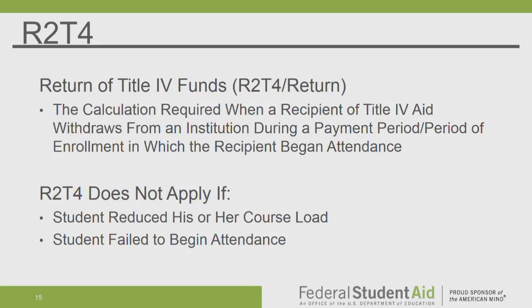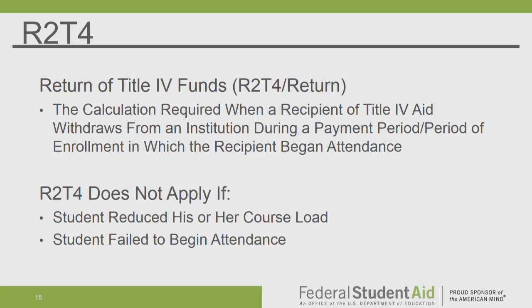Your student who reduced his or her course load has not withdrawn. When he withdrew from 1 or 2 or 3 of five scheduled courses for the period, he actually changed his enrollment status, but is still attending. Therefore, there is no need for you to perform an R2T4.